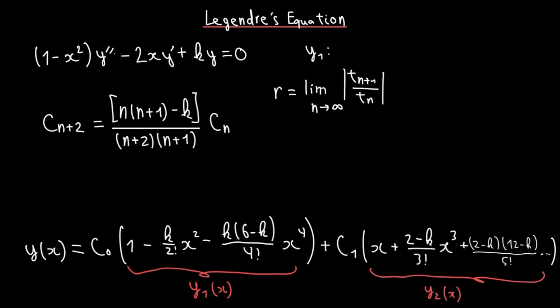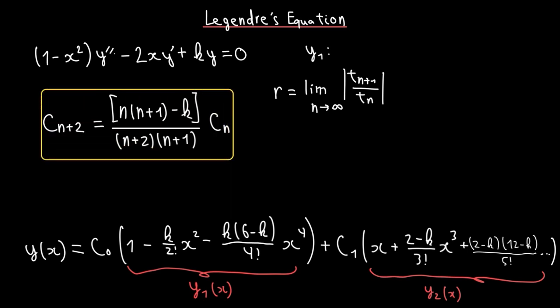But notice that in the case of our first series, y1, the two successive terms are related by this recurrence relation over here. Indeed, for example, first we have C0 times 1, and then we have C2 times x squared.